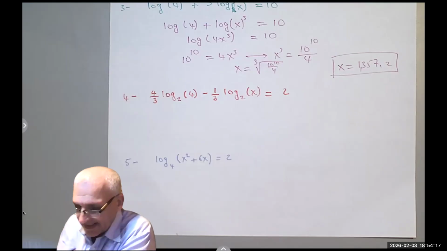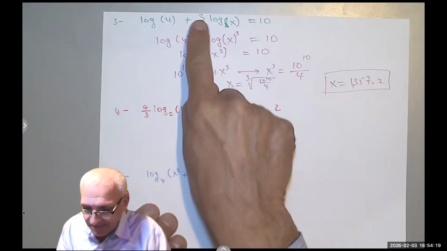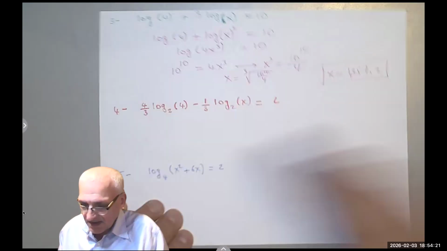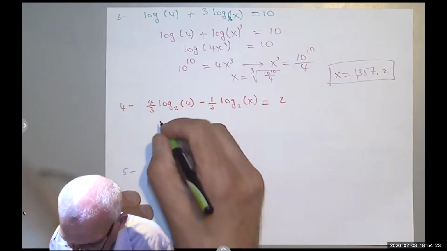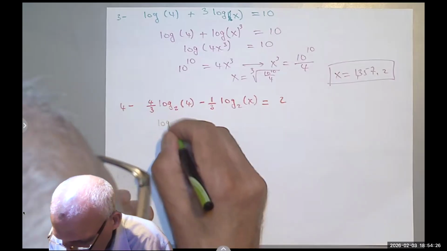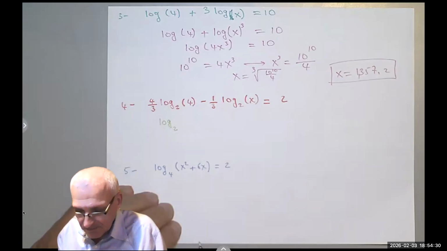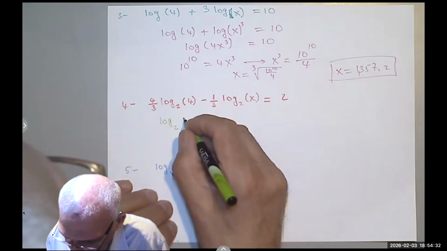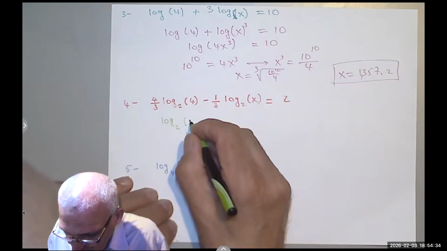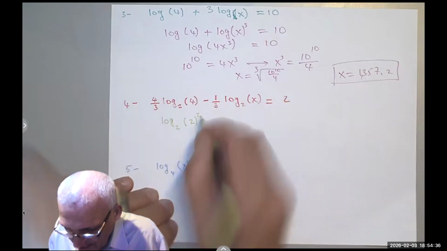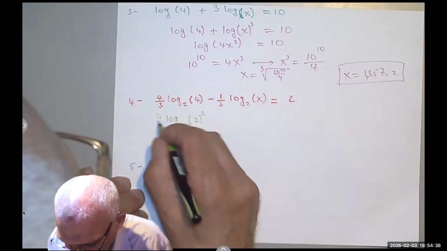Okay, like we did last time, the multiplier becomes exponent. So I will write this as log of 2 times 2 squared. And there is a 4/3 here.